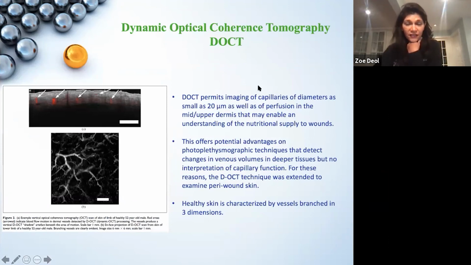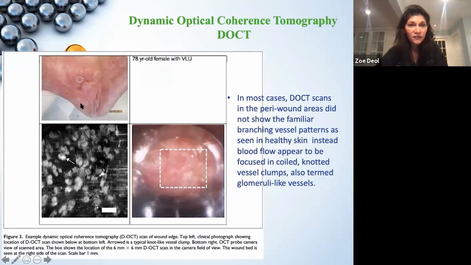Another really interesting thing to look at is DOCT, dynamic optical coherence tomography. You can see the blood vessels and how they grow in a normal wound by looking at it with this spectral analysis. Just as I showed you before, normal vascularization in the skin is in a very lattice work pattern. In a venous ulcer, it's in a glomerular-like appearance, or little tiny cauliflowers.